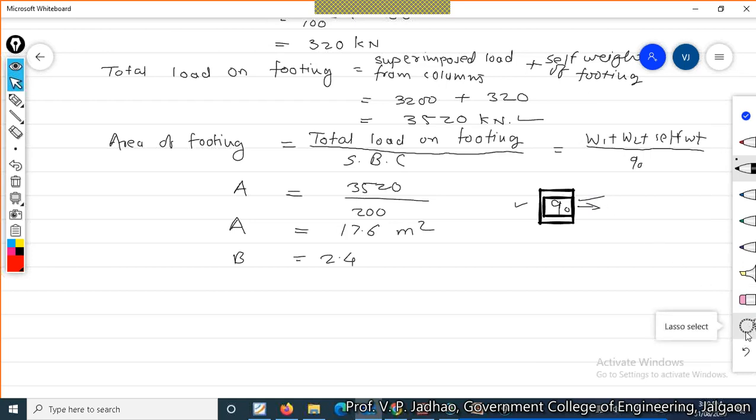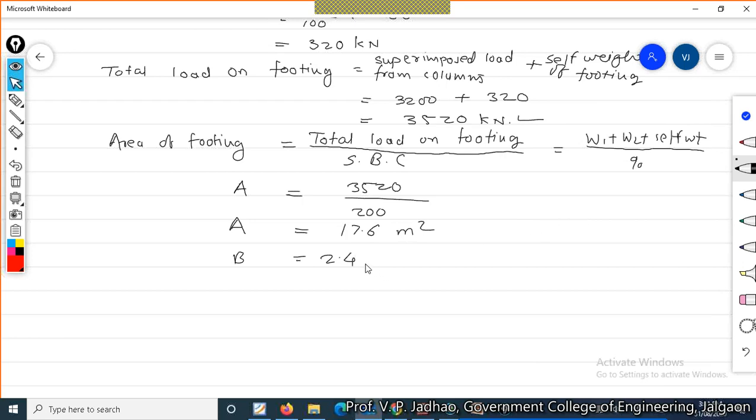You have to keep in mind that only for solving this problem you have been directly given the value of Q0. But when you are designing any footing from a practical point of view, as an engineer, you will have to get this value by doing some tests.